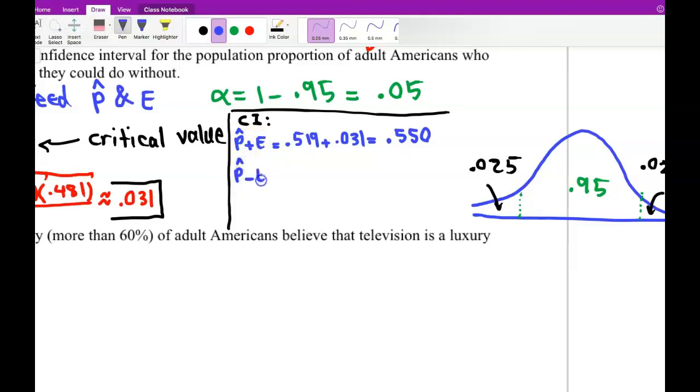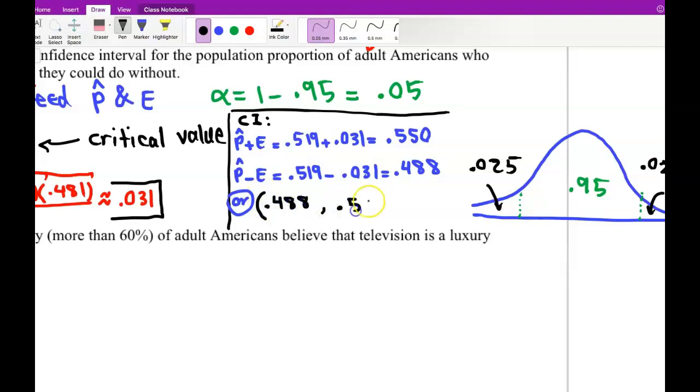P hat minus error is equal to P hat is 0.519 minus 0.031. So that is equal to 0.488. So our interval is 0.488, 0.550.